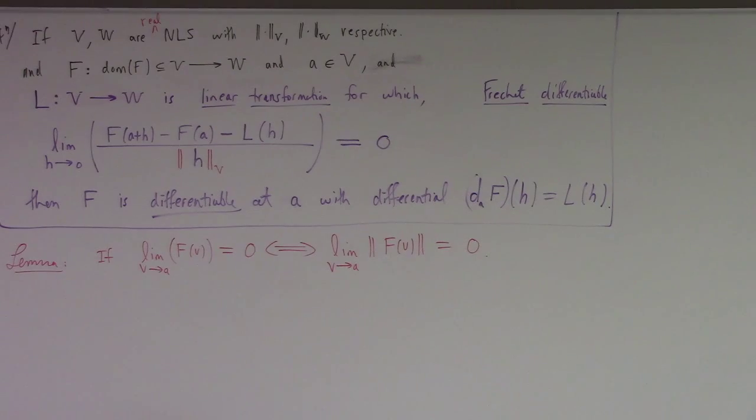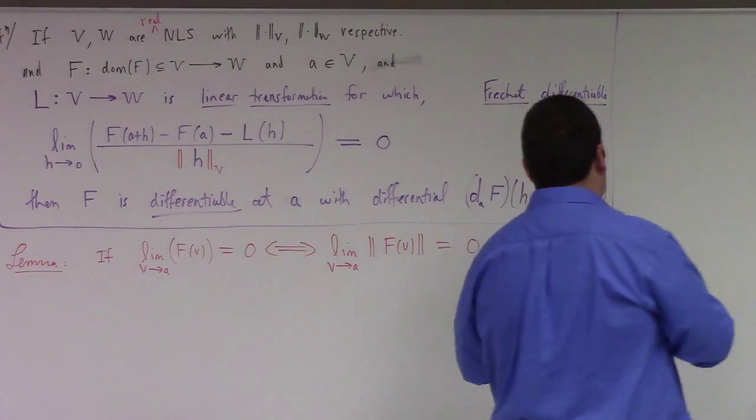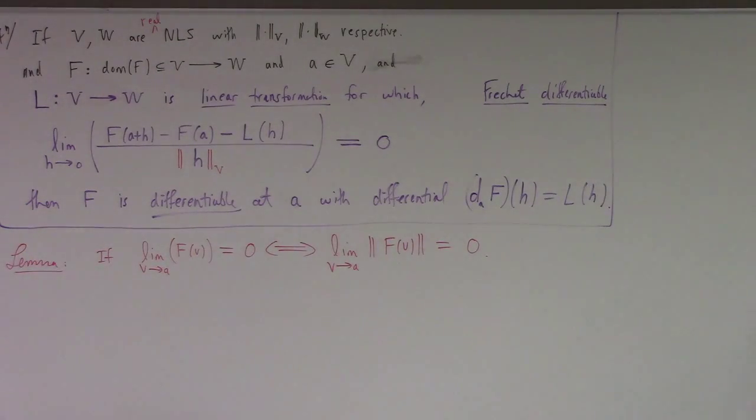Because we're looking at the limit being 0, I don't need to put the norm in the numerator. You could if you wanted to. All right, so there you go. That's your definition, and then we can try to prove various basic properties about this.